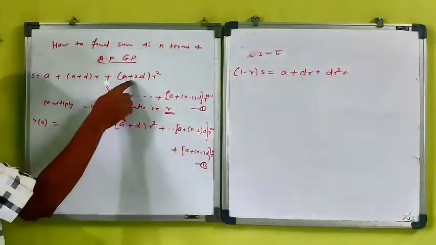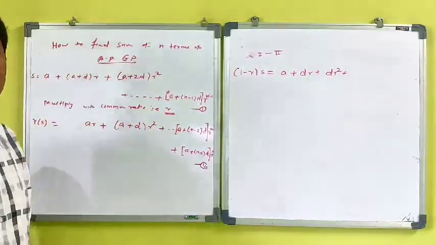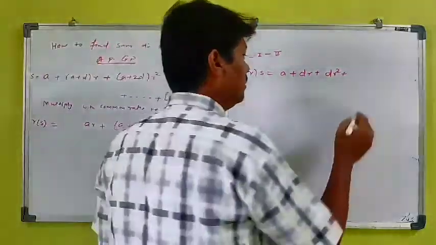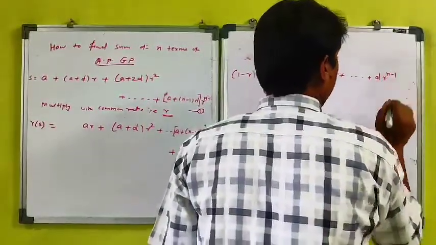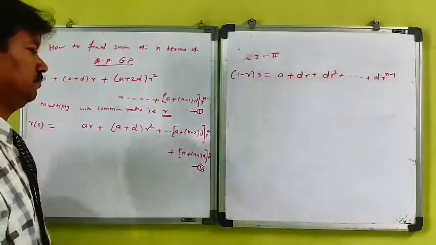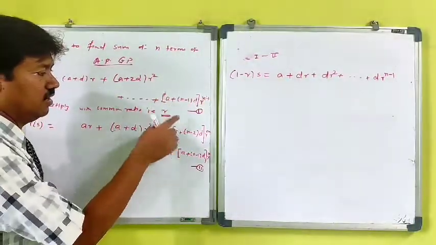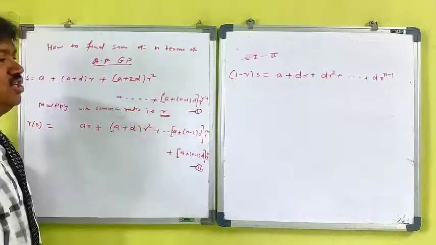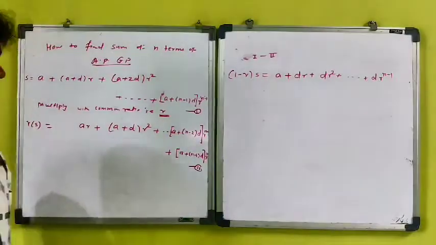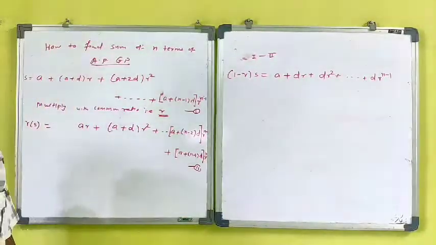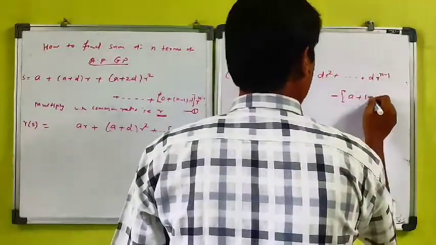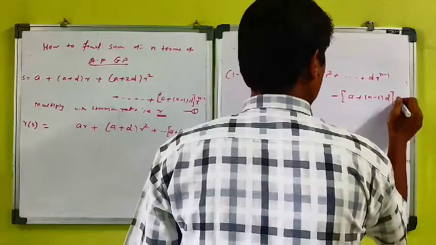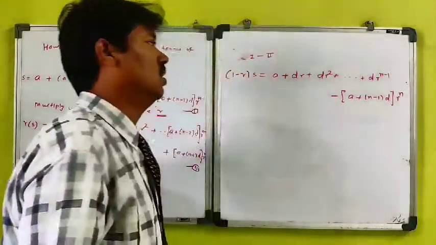If you observe this, (A plus 2D) minus (A plus D), you get DR square. Like this, the last term will be DR raised to N minus 1. If we subtract this and this, it gives DR raised to N minus 1. But one more term will remain there. That is minus (A plus (N minus 1)D) into R raised to N, like this.